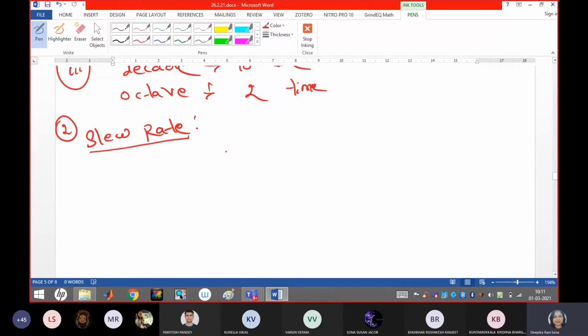It is specified in units of volt per microsecond, and slew rate is represented as S.